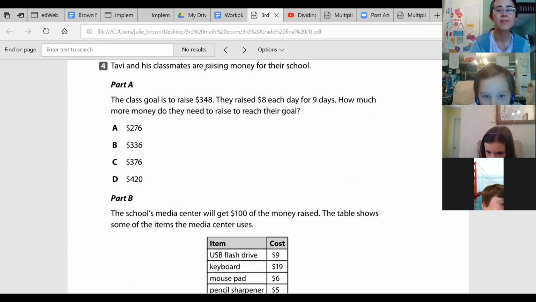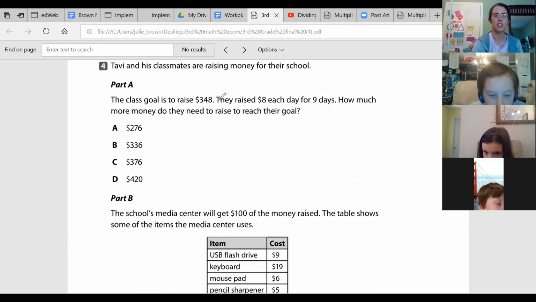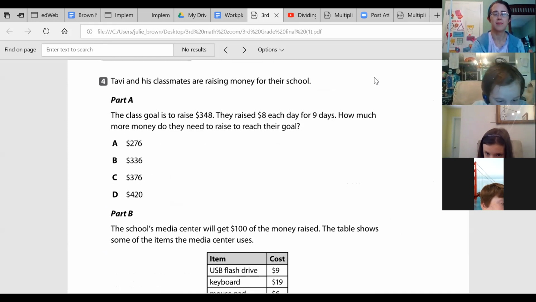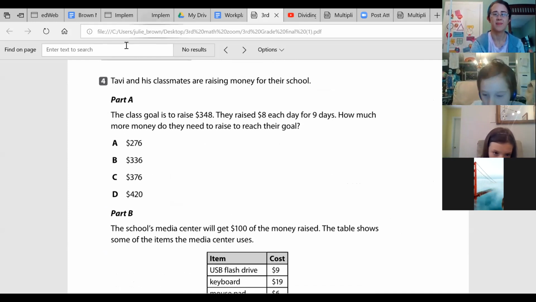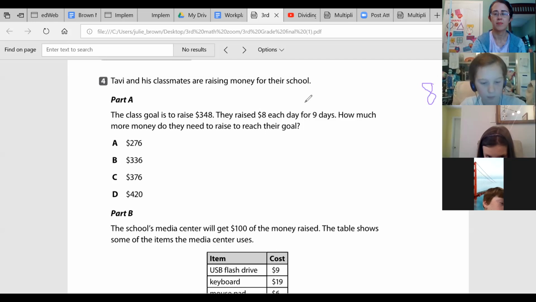Sure. Where's 4? Bobby and his classmates. Okay. So, they said the class goal is to raise $348. They raised $8 each day for 9 days. How much more money do they need to raise their goal? So, 8 times 9 is 72, right?